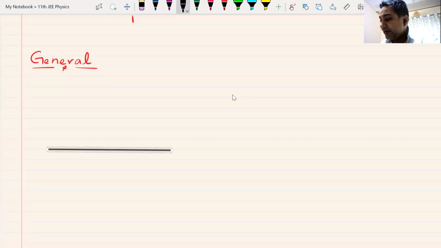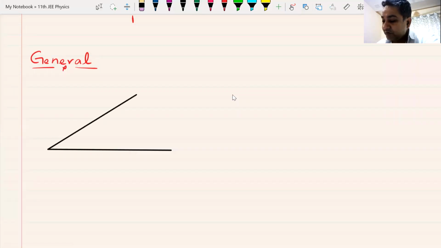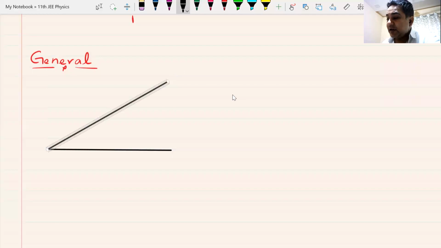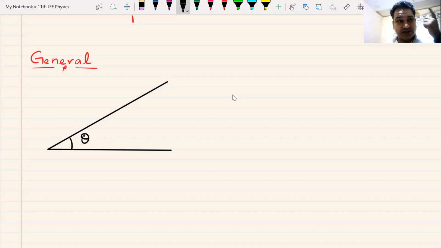I will have an incline here. We'll just try to make a general result so that you can understand how a general result looks. Now, this is an incline. The angle of inclination I had given was 37 degrees. Here it will be given as theta.